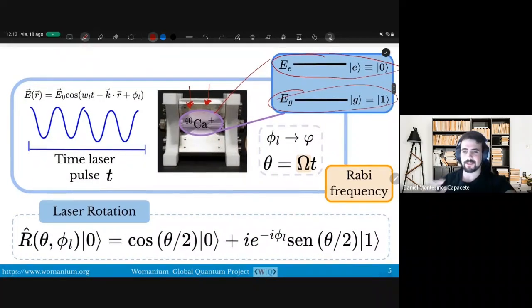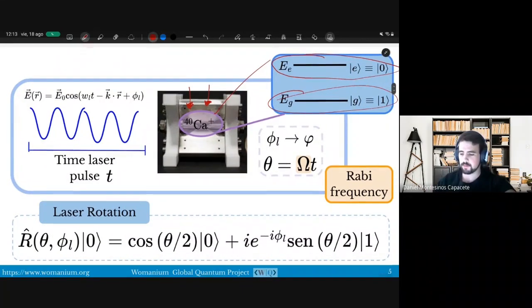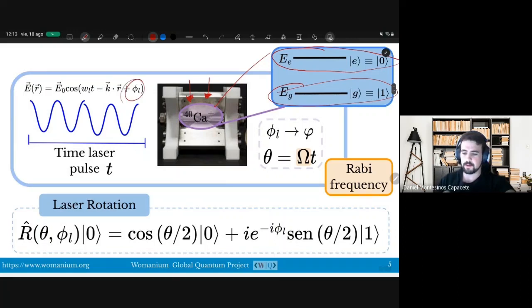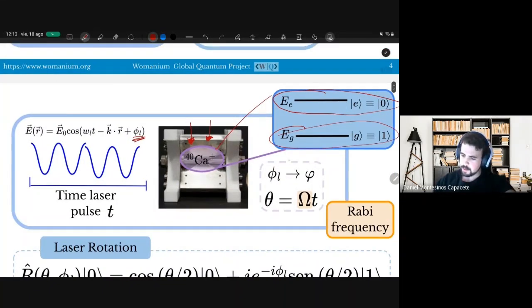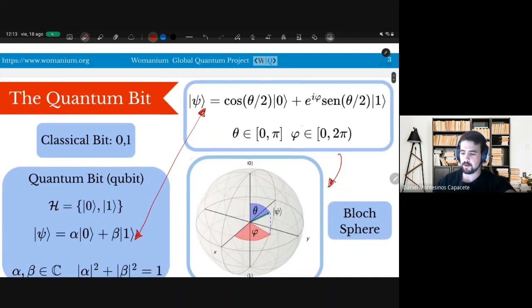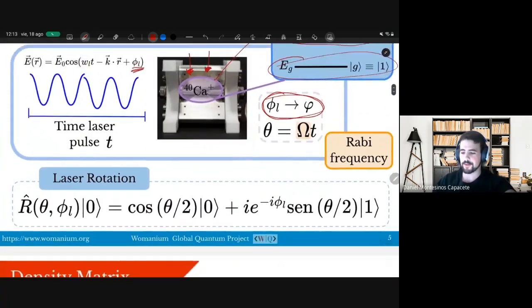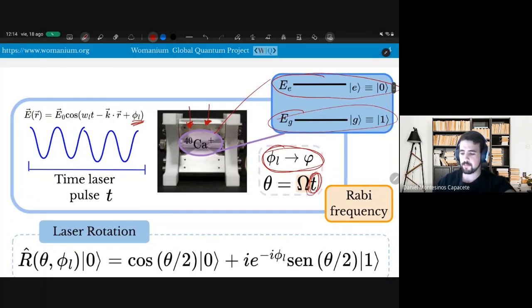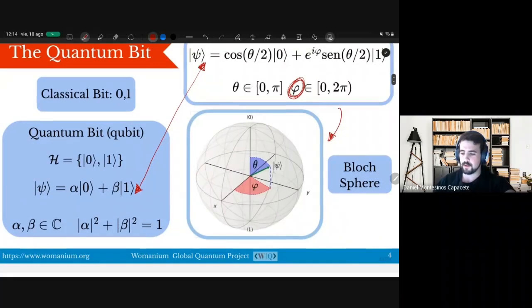One thing that we will see later is that if we have the phase of the laser, we can find a relationship between the phase of the laser and this angle here, right? And we can also find a relationship between the time of the laser pulse and this angle in the Bloch sphere.